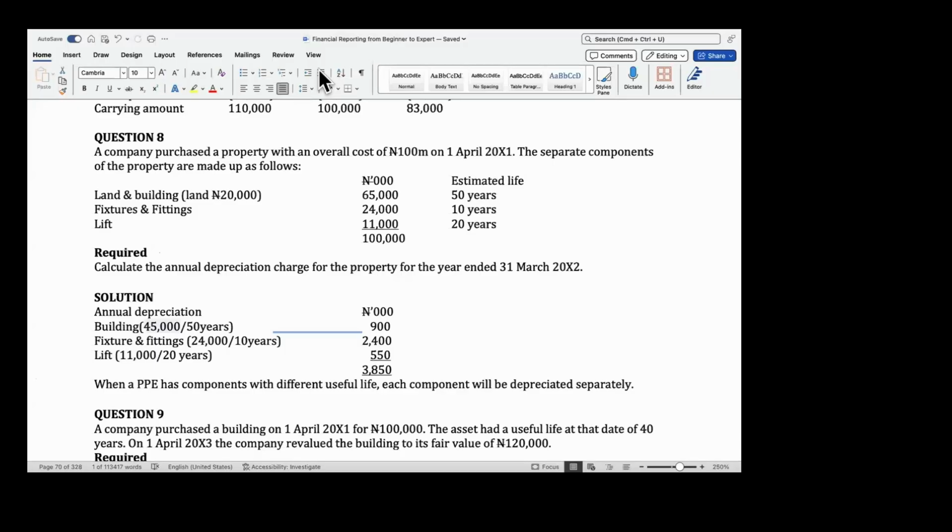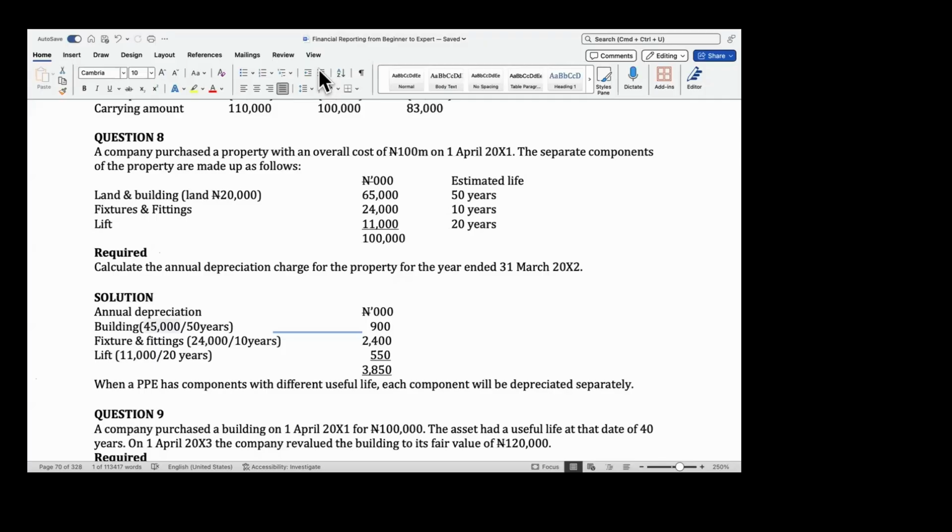That is why we do not depreciate land. Not because it appreciates in value.